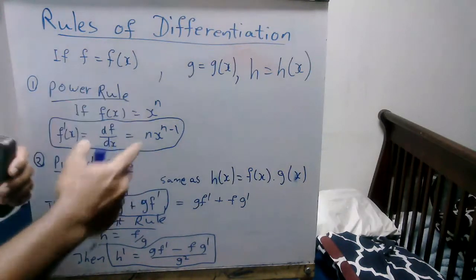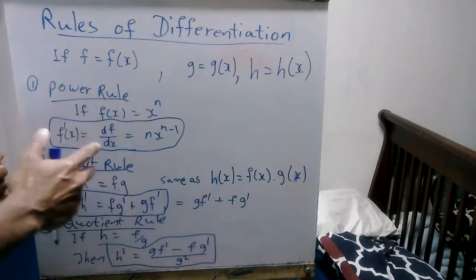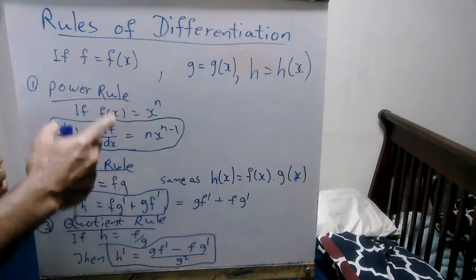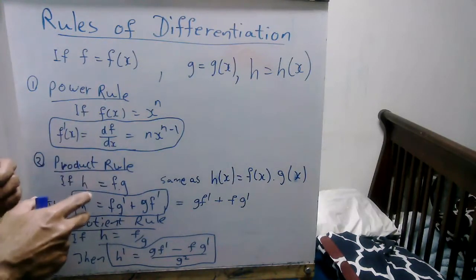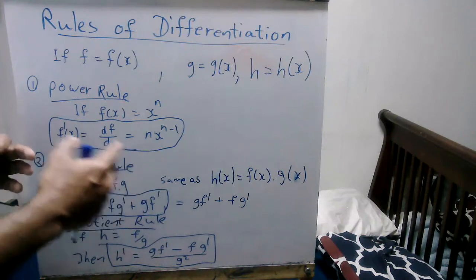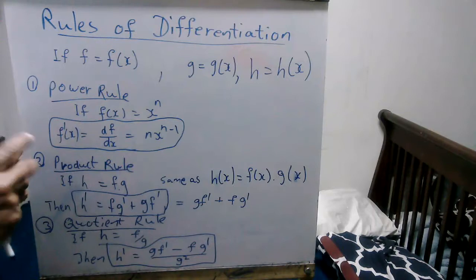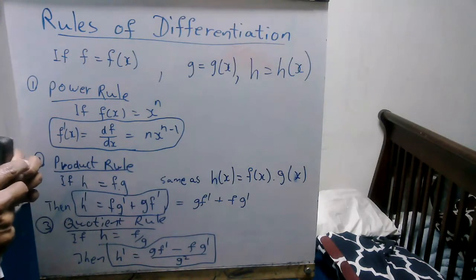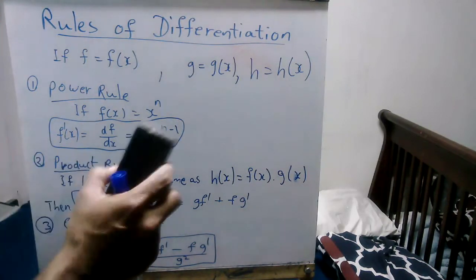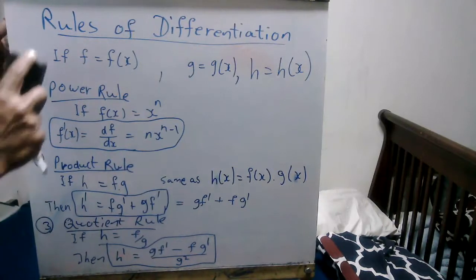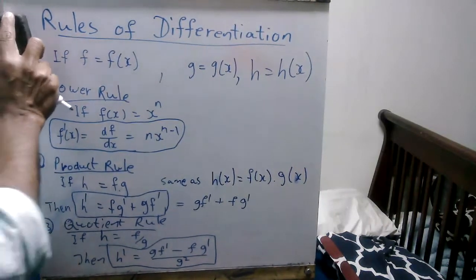There will be other rules we learn in the near future. So we have to use one rule or a few rules together, maybe all of them together, to find the derivative of a given function. It will be clear to you once we do examples.